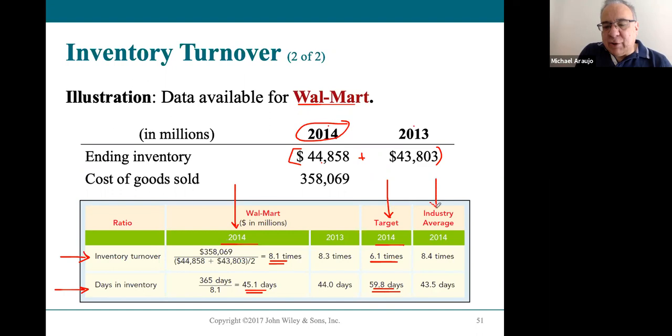When you look at the industry, remember the industry would be all of these large retail department stores like Walmart and Target. Kohl's would be in there, among others. The industry average is 8.4 times a year. So they move a lot of inventory, and about every 43 to 44 days, on average, these stores are sold out and restocking.